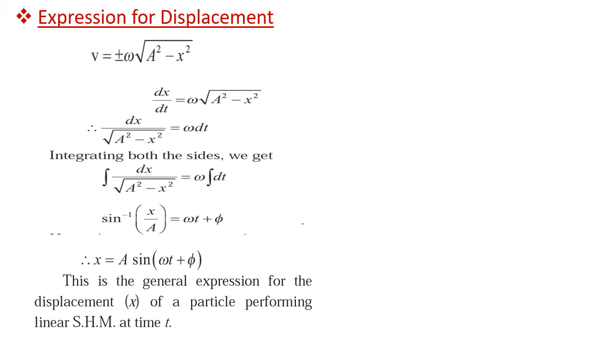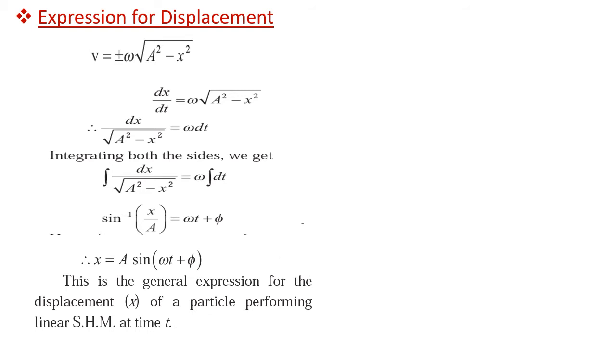To find out the displacement, again let us integrate the equation on both sides. So we will get the integration of dx upon under root a square minus x square is equal to omega into the integration of dt. Why is this omega not included in the integration sign?